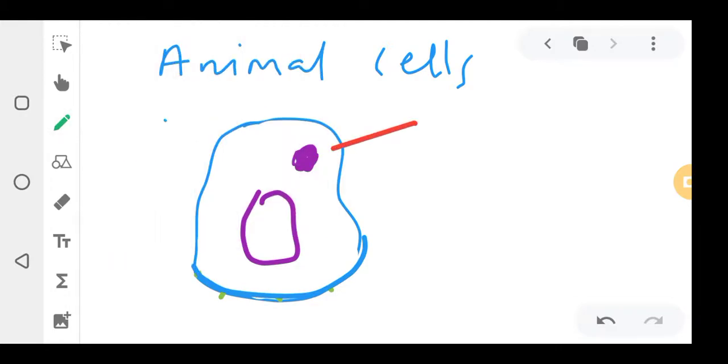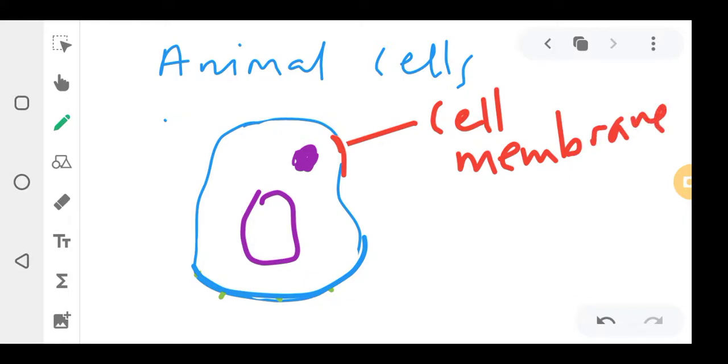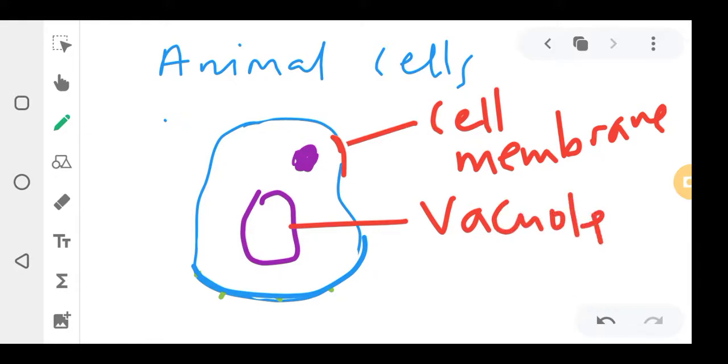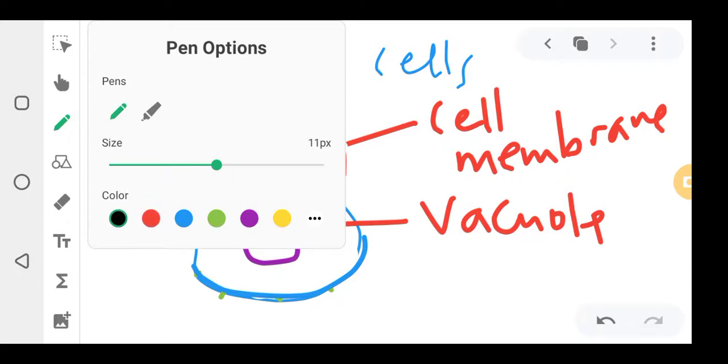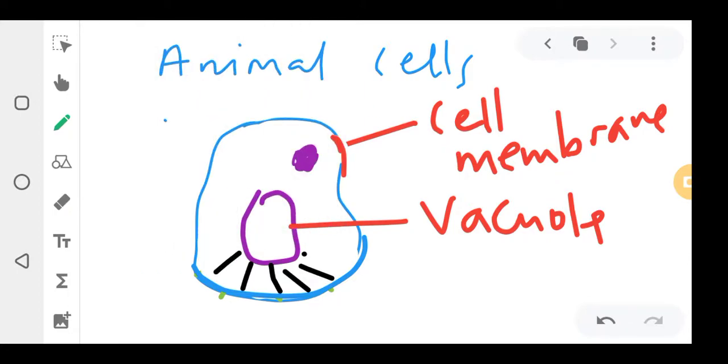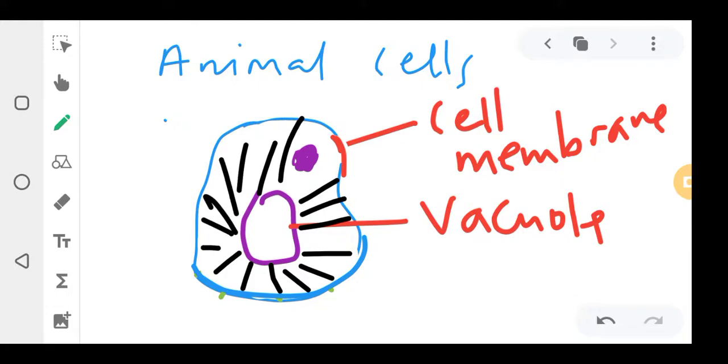This first layer is called the cell membrane. And then this one is called the vacuole. And this entire layer is called the cytoplasm.